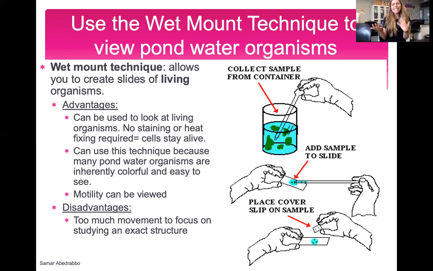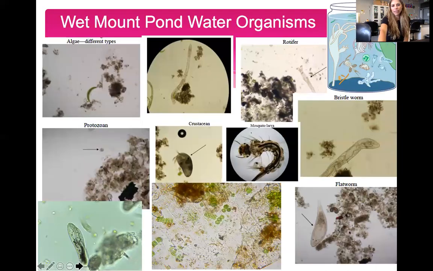But the main advantage is that your cells stay living. Another disadvantage is wet mount technique does not work on transparent organisms. If you have transparent organisms, you either need to use special microscopy, which I will talk about, or you need to stain your cells, because otherwise they're clear.